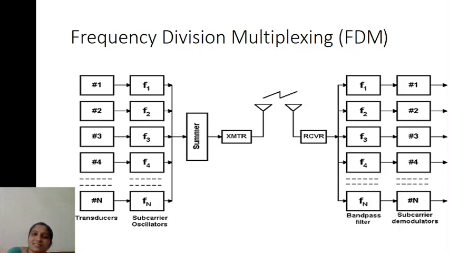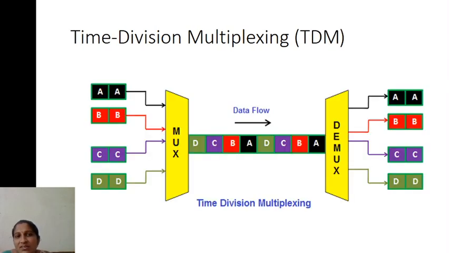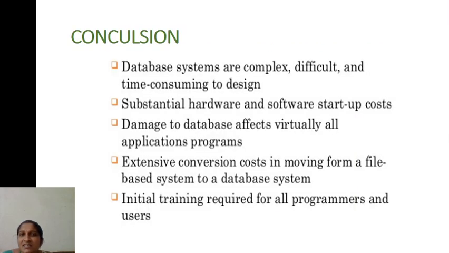These multiplexing techniques, time division multiplexing and frequency division multiplexing, are used in the DAS, that is the data acquisition system, for transmitting the data from remote areas to the area which is accessible.